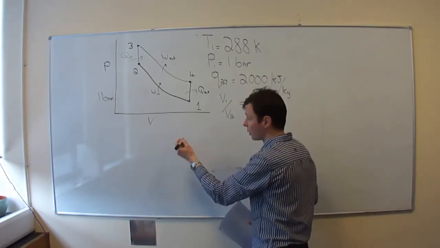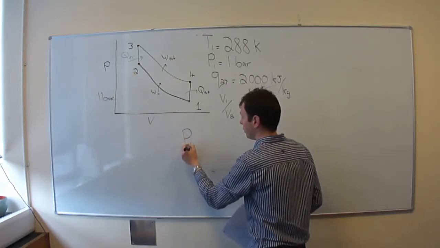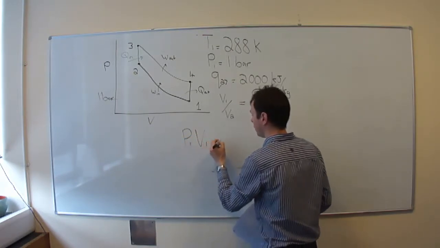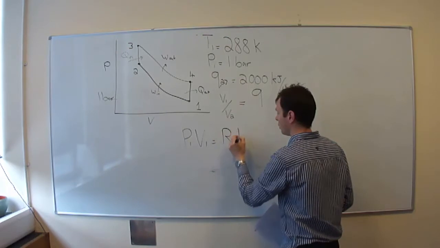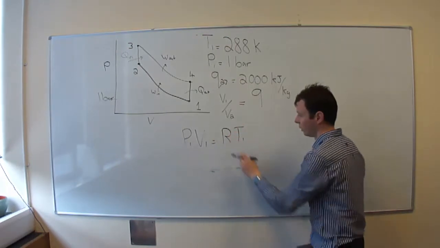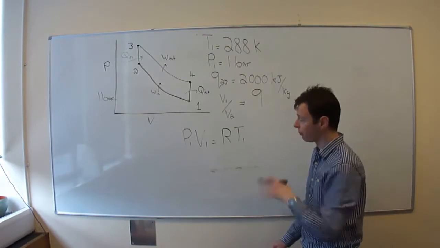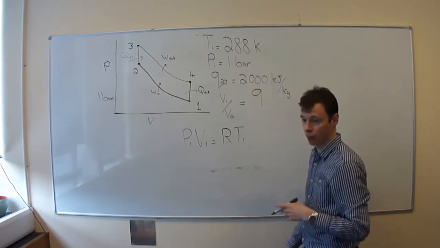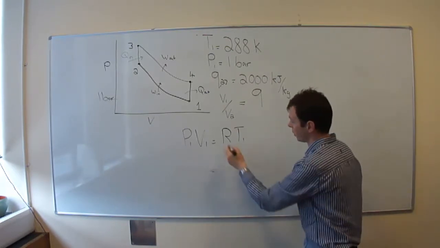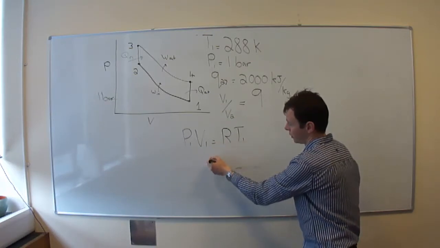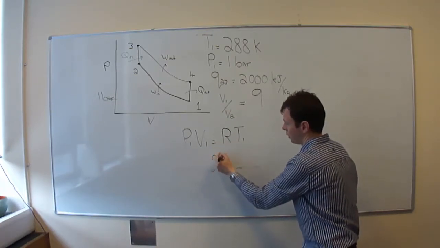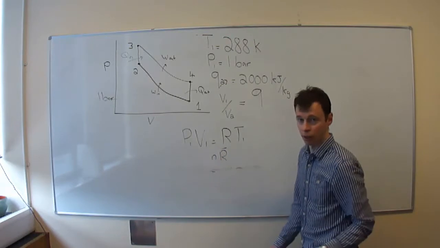And again, just using the equation, P1 V1 equals R T1. And that value of R is 287. It's the general gas constant. So we're not looking at the alternative, which is the nR version.